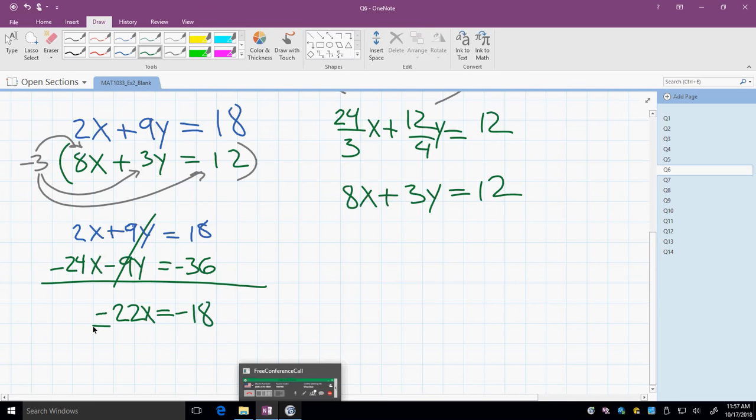Now, to solve for x, I need to divide both sides by negative 22. A negative and a negative give me positive, so x equals 18 over 22. It's not going to go evenly, but you can divide by 2, so it will be 9 over 11.